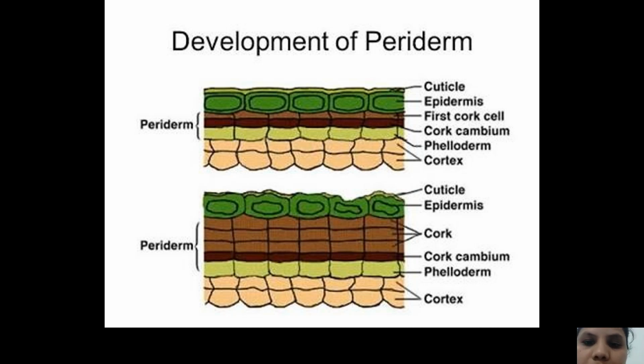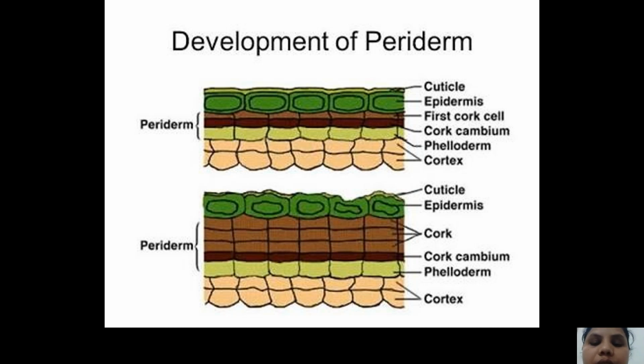And later on, the number of cork cells keeps on adding, and they increase in number, and it is the cork. These cork cells are suberized.